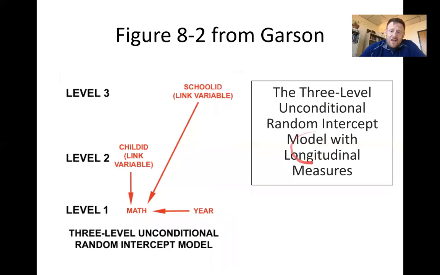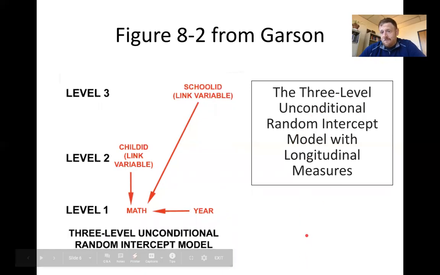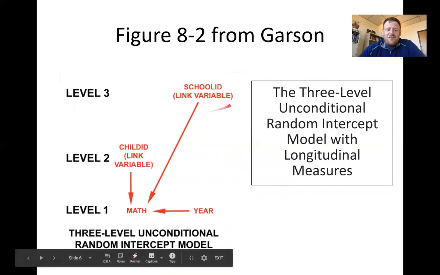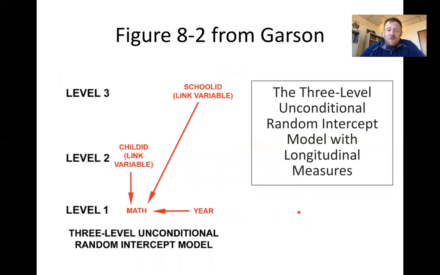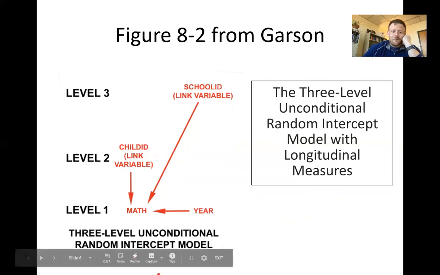So here we have a null model, essentially, or I guess it's not quite a null model because we have this measure of year, but this is a situation where we have repeated measurements nested within a particular child, nested within a school. And so our outcome here is math, and we have multiple years of measurements nested within the same child. So here, year is the indicator that tells you which year of scores you have.